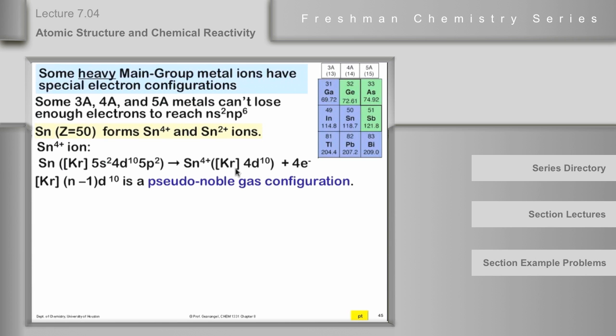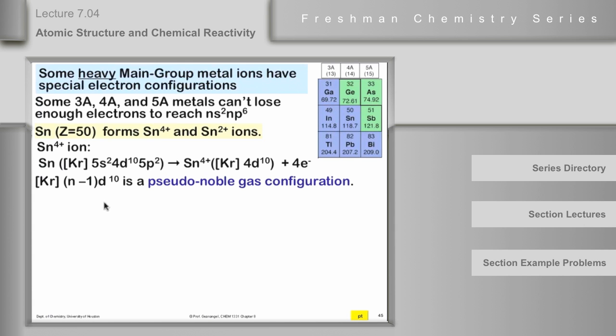And there isn't any noble gas exactly like that because of the arrangement of the periodic table. So this is called a pseudo noble gas configuration. A noble gas plus the next d subshell filled here, krypton 4d10.